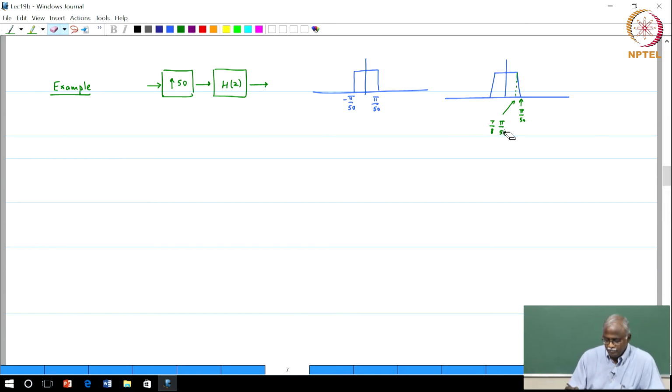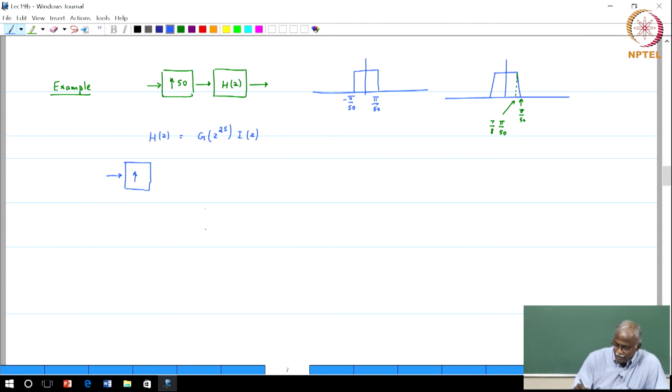On the other hand, if I were to implement the design in the following way, where I say that H of Z, I would like to take advantage, is G of Z power 25 times I of Z. If I were to design it in this form, then the actual implementation will look like moving the upsampling appropriately.